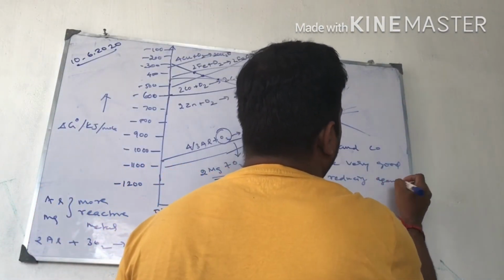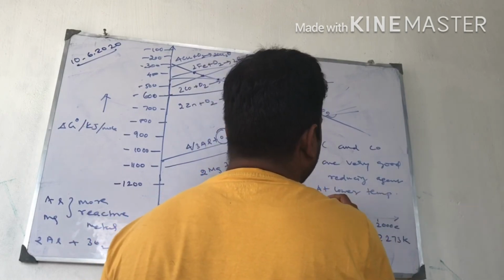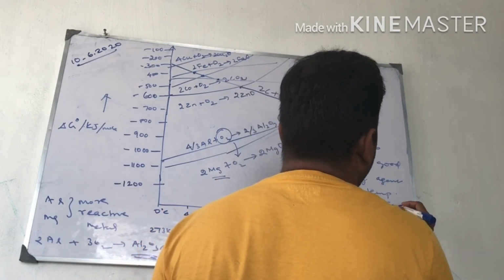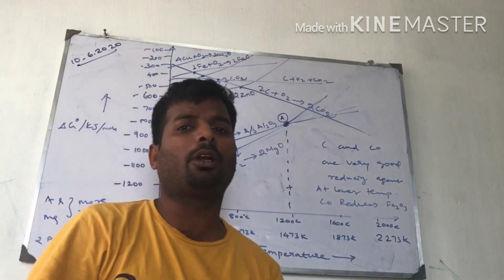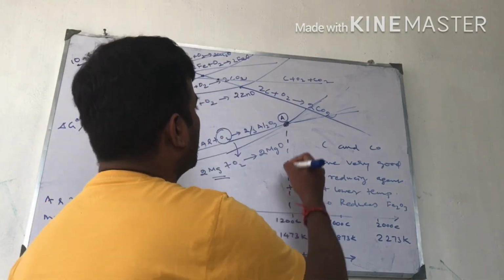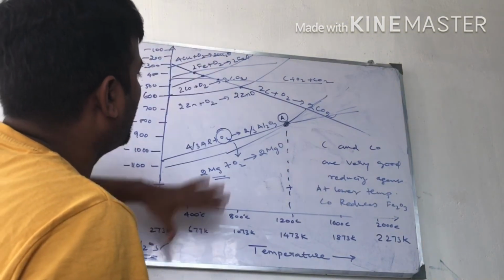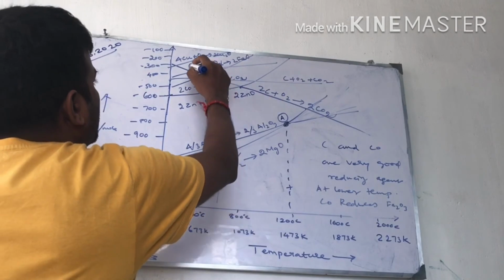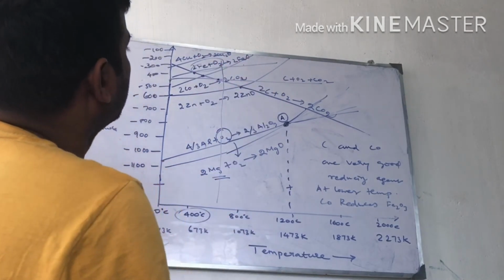At lower temperature, carbon monoxide reduces hematite ore, but at higher temperature carbon reduces iron ore. What am I telling? At the top, iron oxide is here, no? And this iron oxide can be reduced at a low temperature.